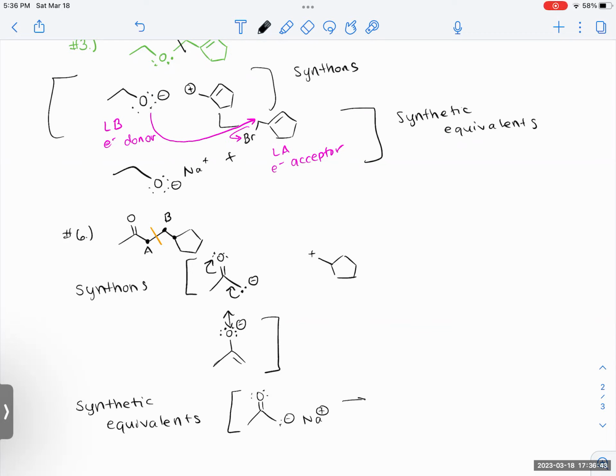Honestly, I would draw both resonance structures just to be clear. So when doing this on the test, would we have to show the resonance structures or can we just pick one? I would definitely show both.